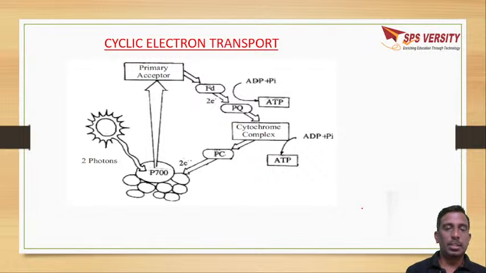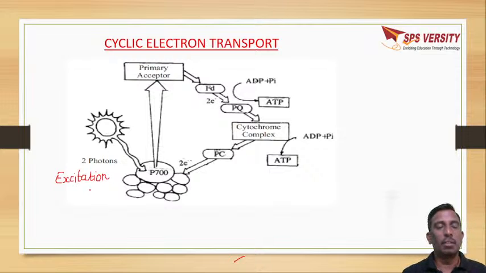So whatever the energy present in light, it is called photons. So whenever light falls on chlorophyll A, what happens is you can see the excitation of chlorophyll A. So here the excitation means the electrons which are present at ground level are moved to higher levels and they come out of that one.